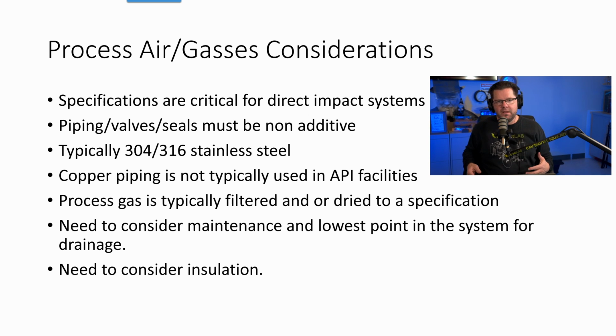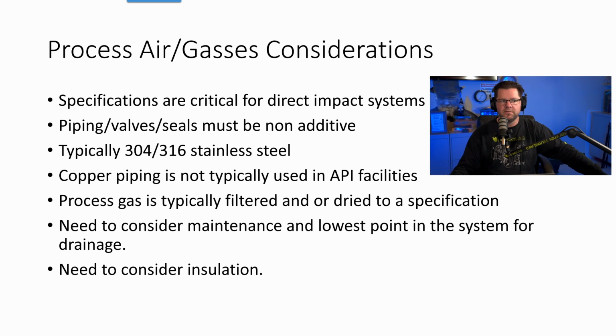In general, you're going to be using stainless steel tubing to move your gases around. Copper may be okay. Copper is used all over the world, in fact, for things like compressed air. If it is non-impact process air, like compressed air for something that doesn't have anything to do with the product, then by all means use copper.